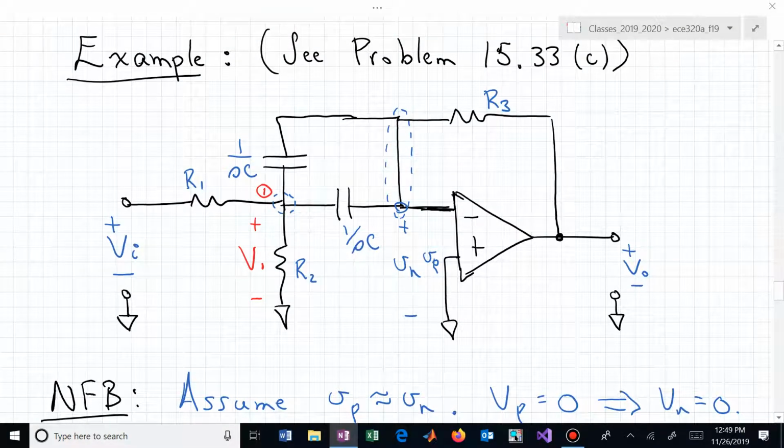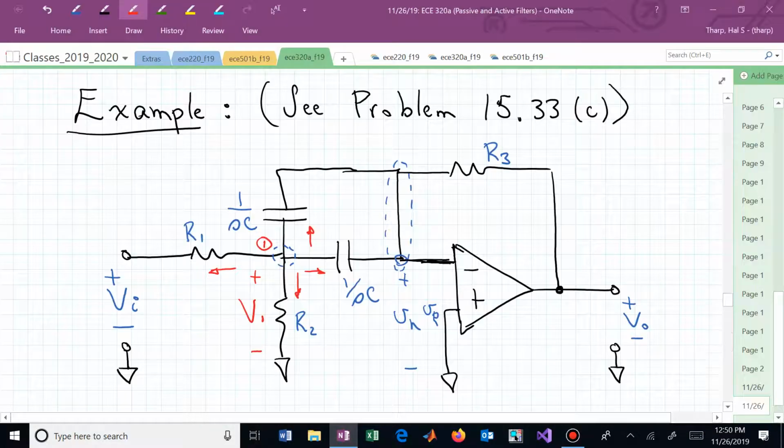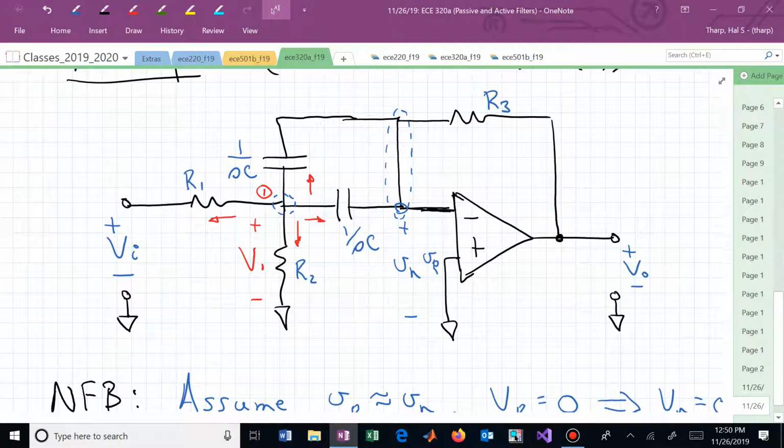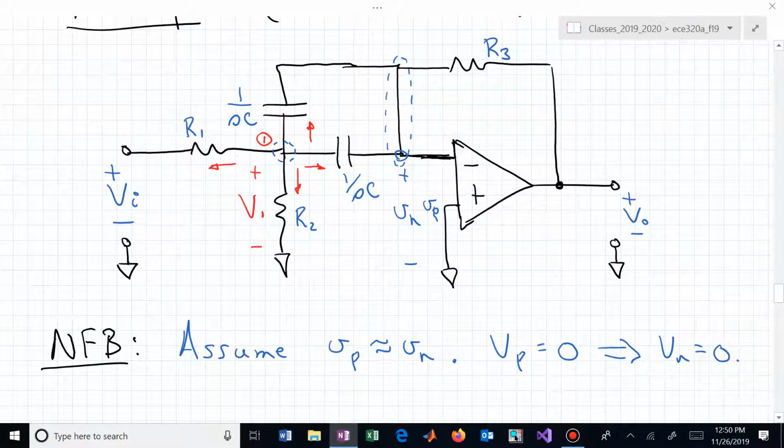And if we now are interested in KCL at that node, the sum of the currents out of that node sum to 0, and we have 4 currents going out of that node. Let's write the equation for KCL at node 1.